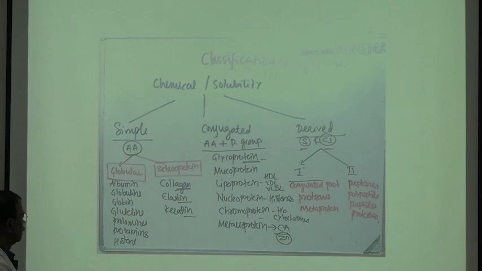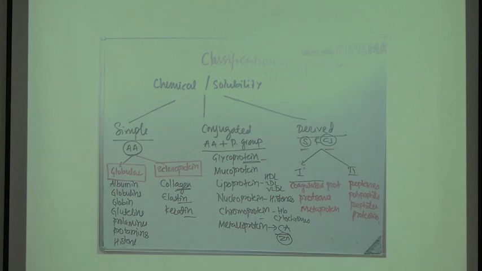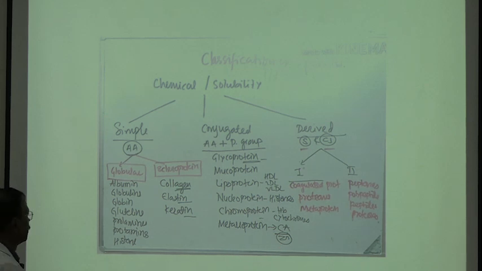Then when metal is present in the amino acid, it is called metalloprotein. Like carbonic anhydrase enzyme, it contains zinc as prosthetic group.